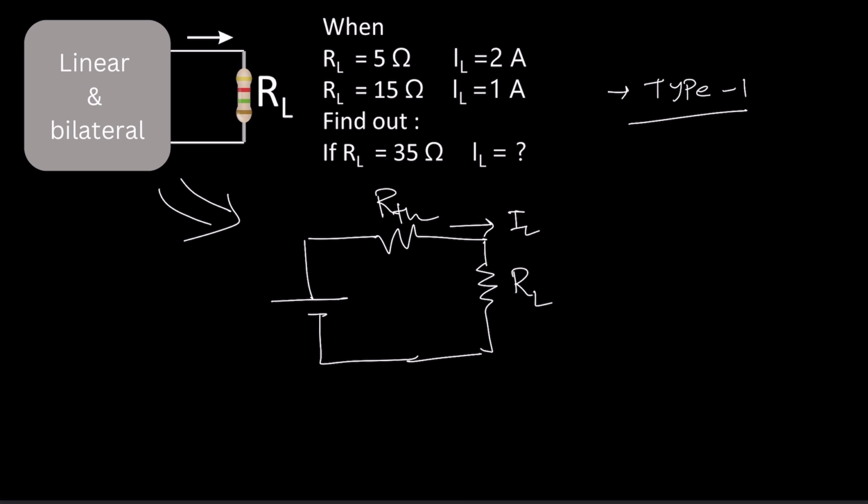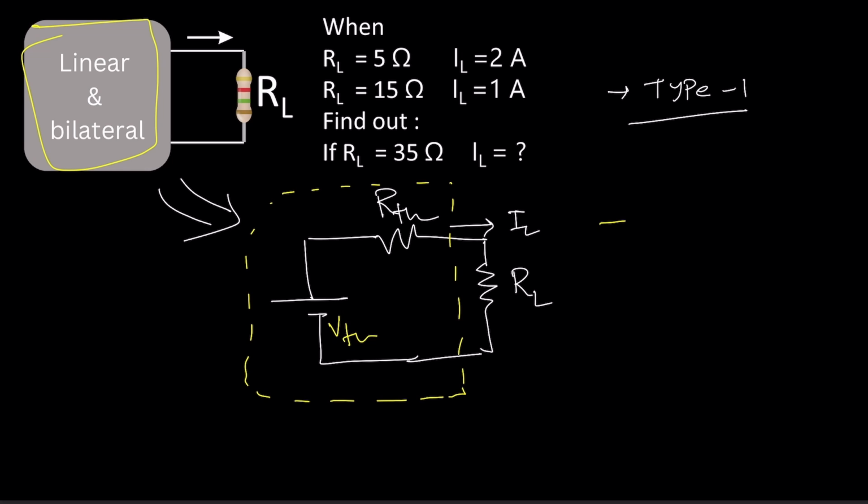That means we replace this part by this one as per Thevenin's theorem. Now it's very easy for you to calculate the load current. From here we can say IL will be VTH by RTH plus RL.